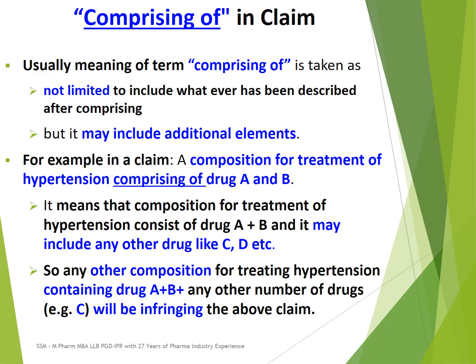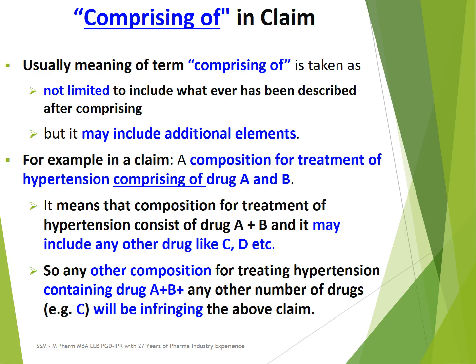Usually the meaning of the term "comprising of" is taken as not limited to include whatever has been described after "comprising", but it may include additional elements. Let us understand with an example.